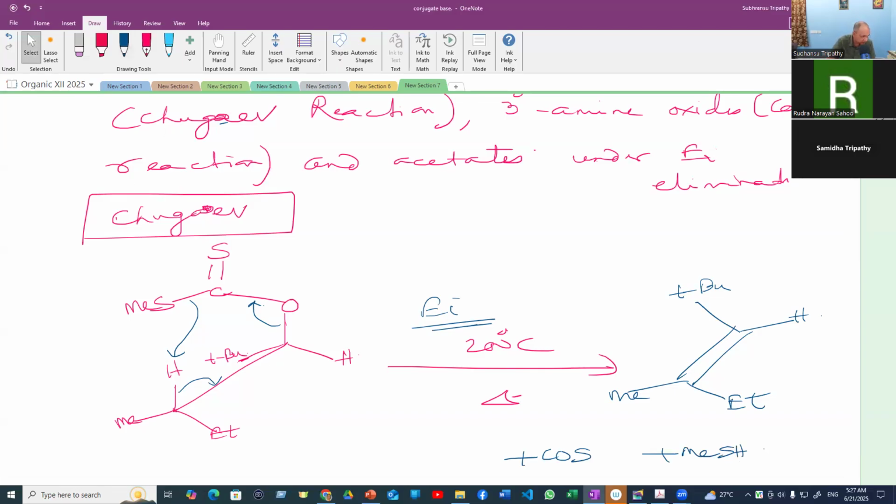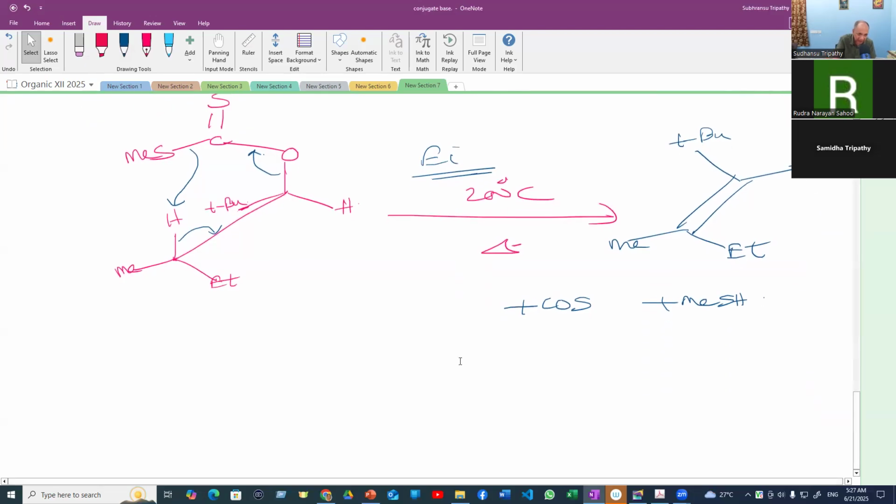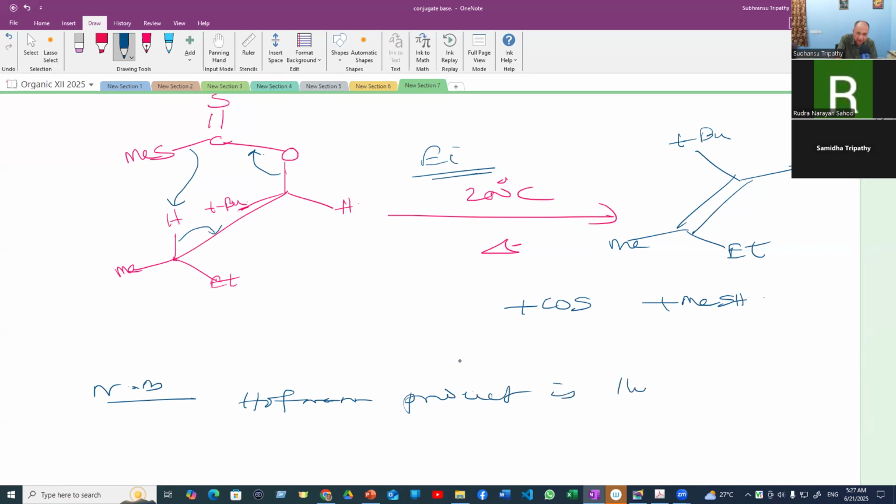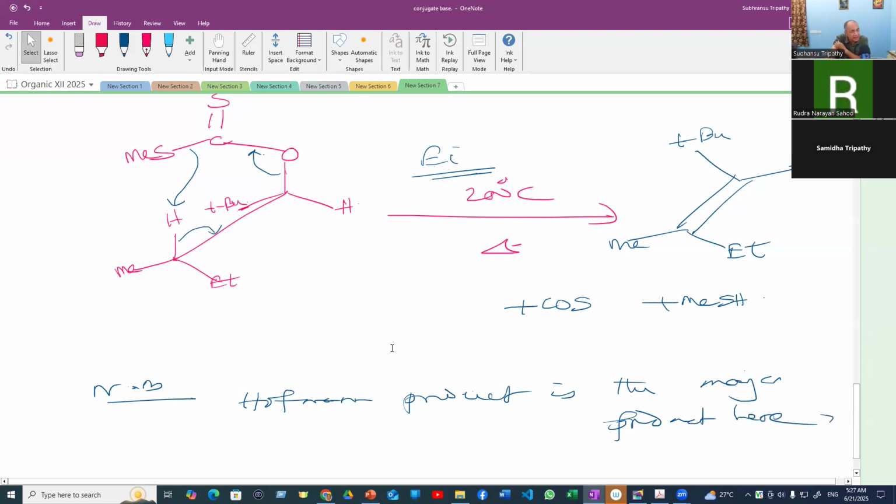Got it? Just write down NB: the Hofmann product here is the major product. Here I deliberately did not keep the Hofmann product, only to show the cyclic mechanism. This is the TS, not that there is any intermediate formed.